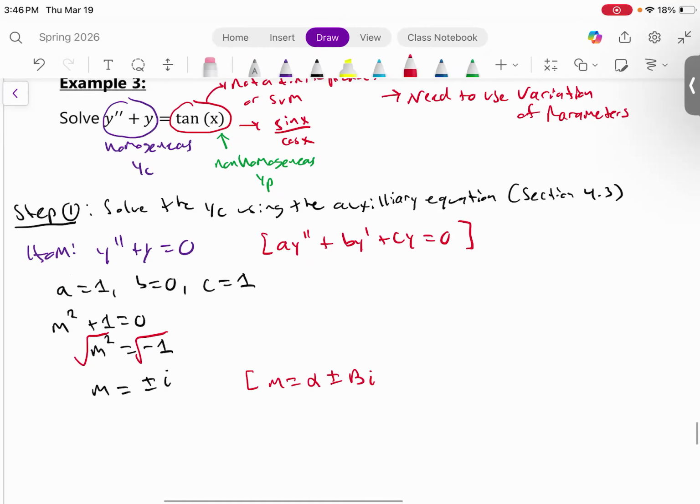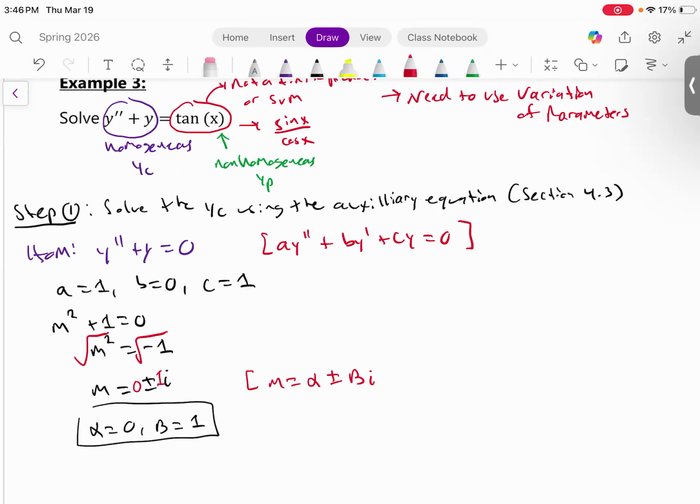So just think of it as 0 plus or minus i. That means my alpha is 0 and my beta is just, think about there being an invisible 1 right there. So these are my alpha and beta.